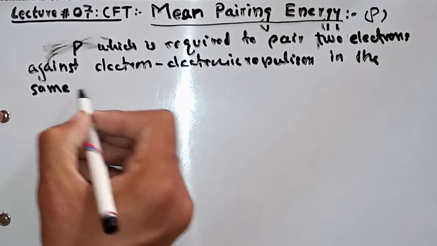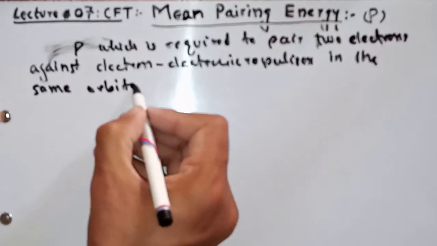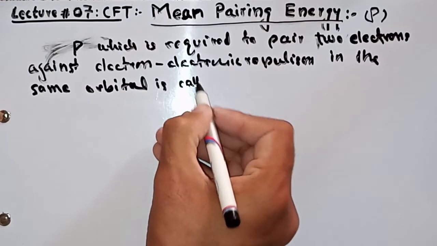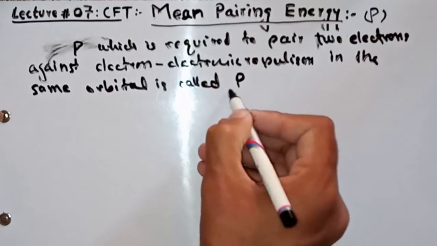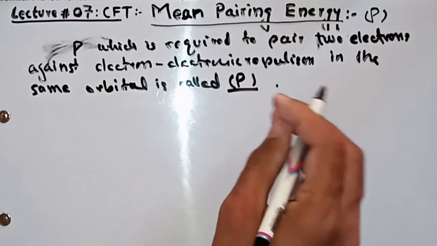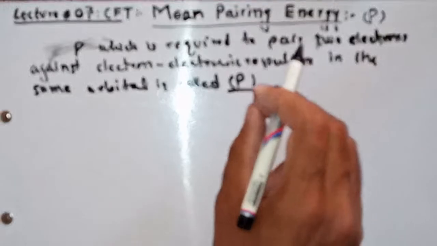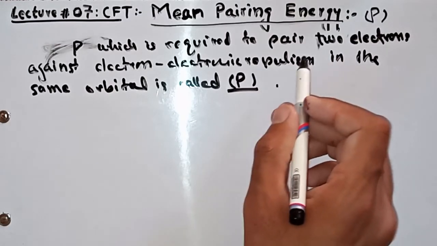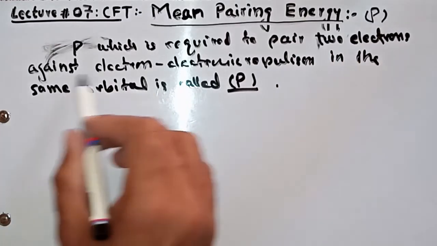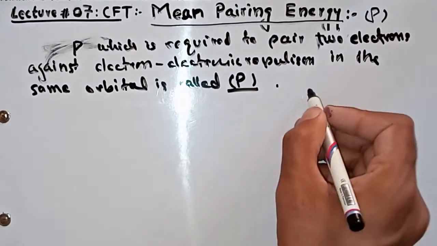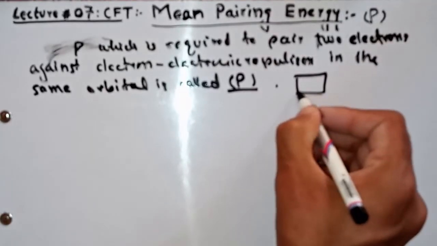It is called mean pairing energy. Is it clear? Mean pairing energy can be defined as the energy required to pair two electrons against electronic repulsion in the same orbital.